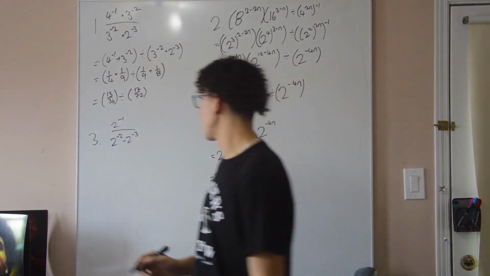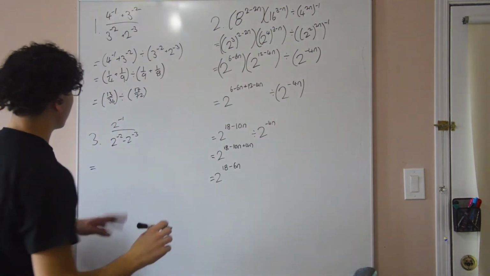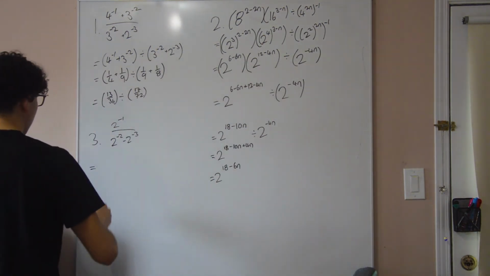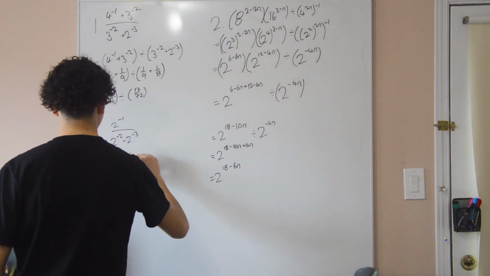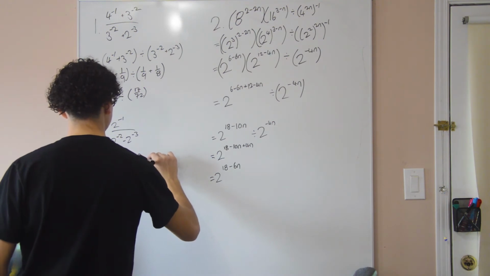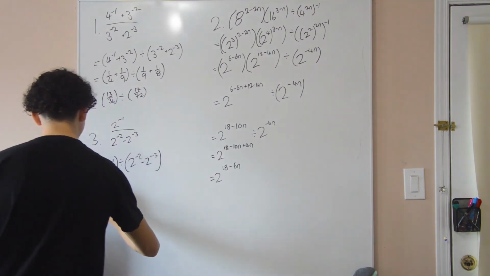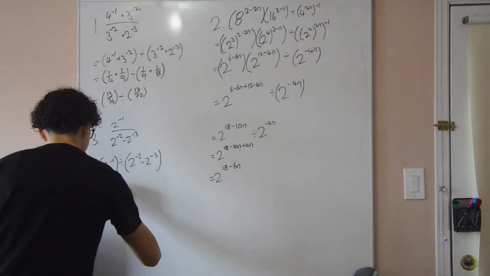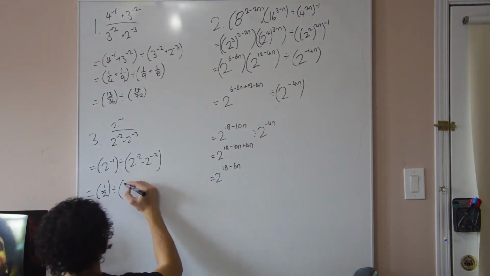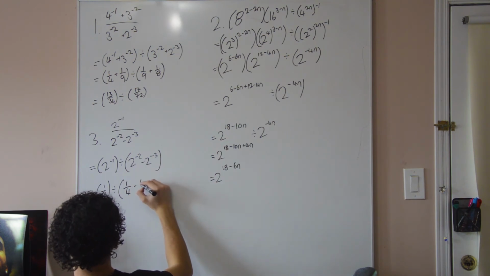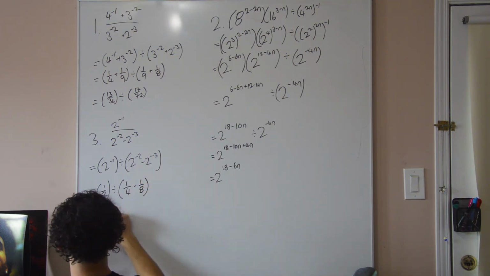Let's do the next one. Again, I'm going to do this one like I did that one, where I separate it. So this becomes 2 to the negative 1 divided by 2 to the negative 2 minus 2 to the negative 3. 2 to the negative 1 is 1 over 2. Dividing that by 1 over 4 minus 1 over 8.